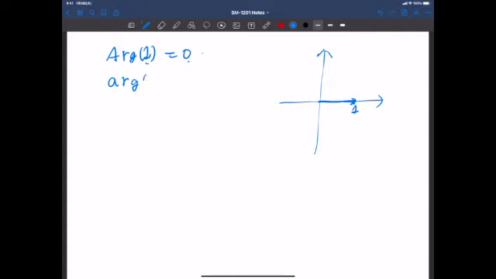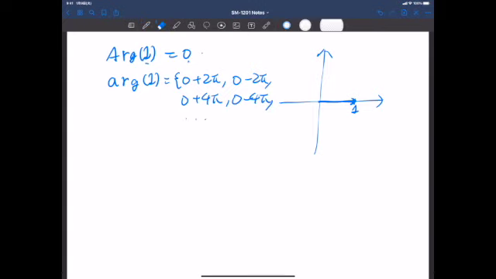And the argument of 1 is the set: 0 plus 2 pi and 0 minus 2 pi and 0 plus 4 pi and 0 minus 4 pi and so on. So basically it's the multiples of 2 pi.